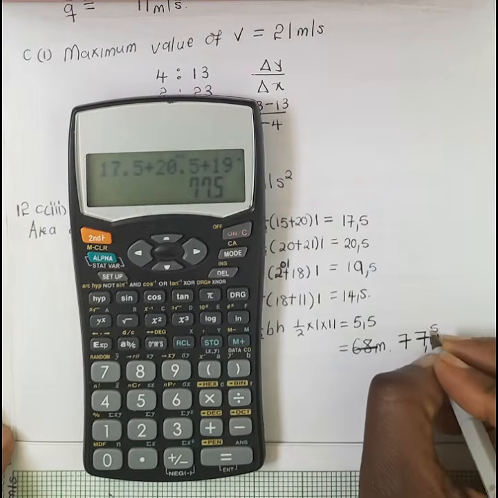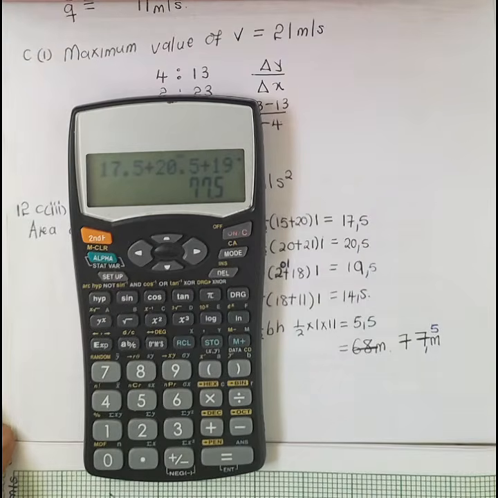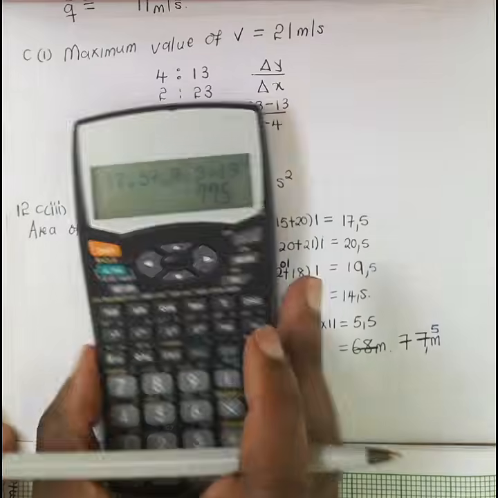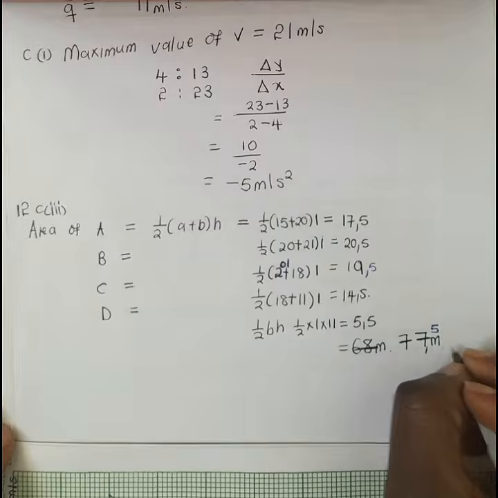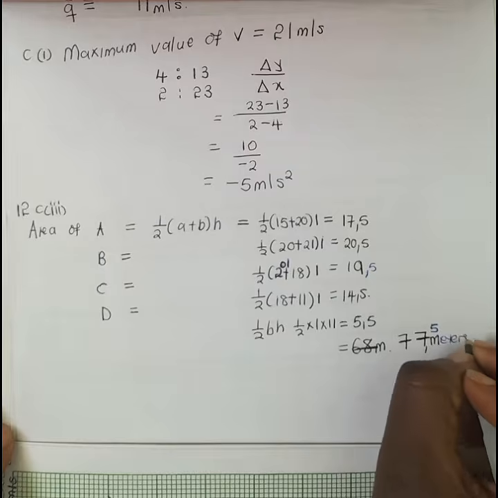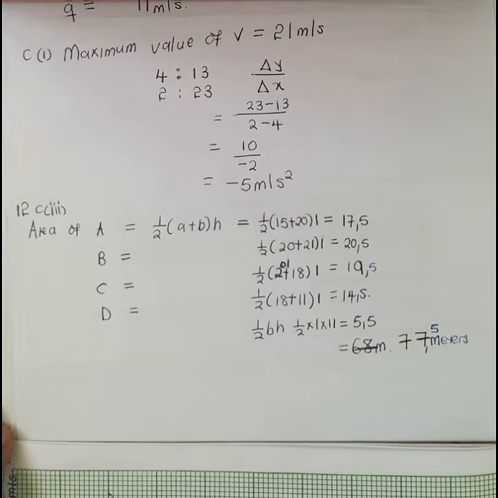Our distance is 77.5 meters. Make sure that you write the correct units. It is 77.5 meters. So this is how we calculate distance in velocity-time graphs.